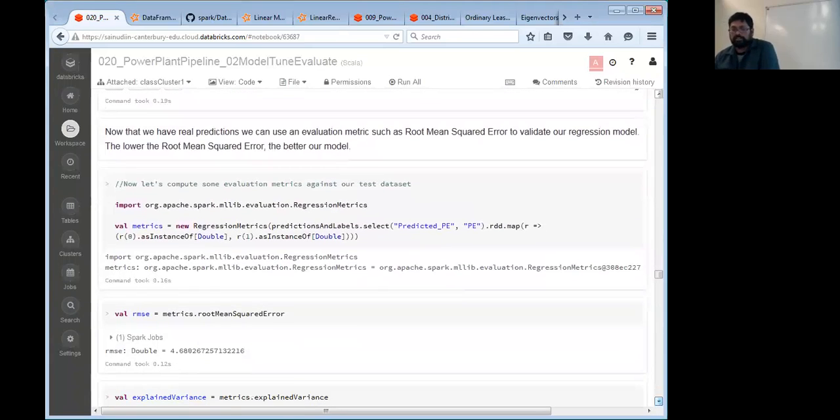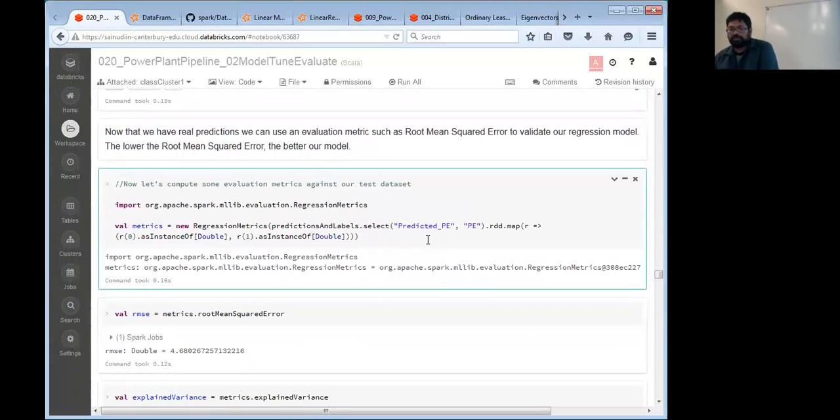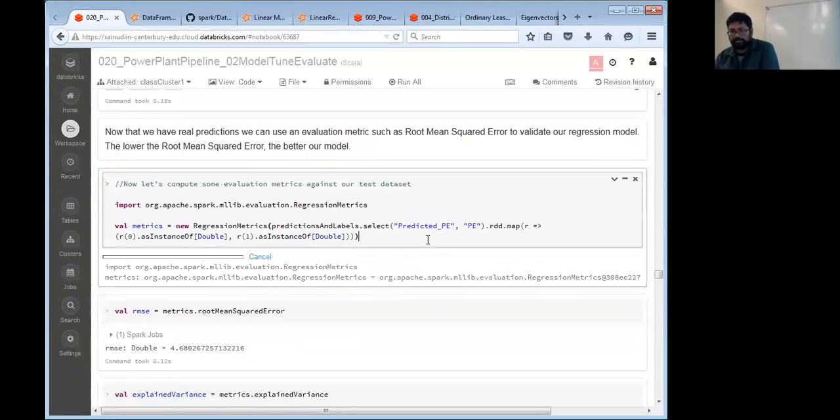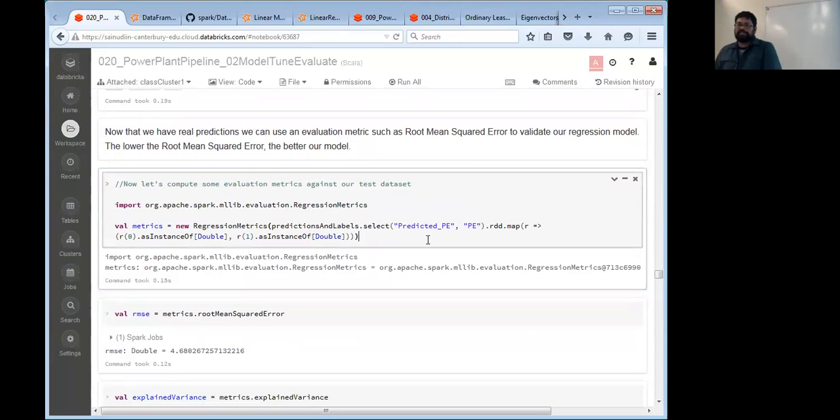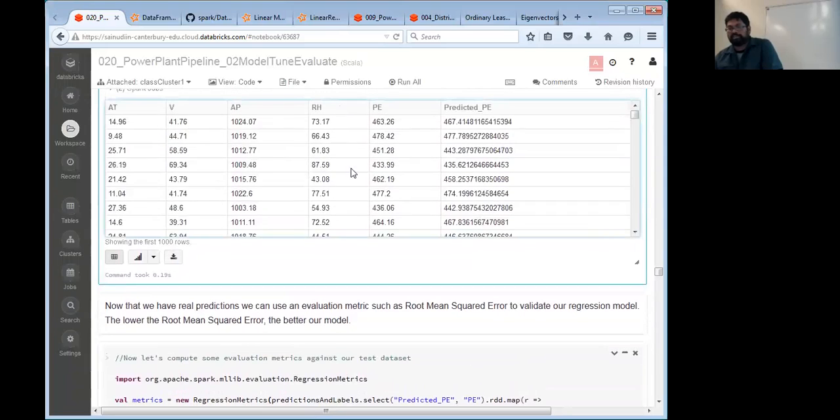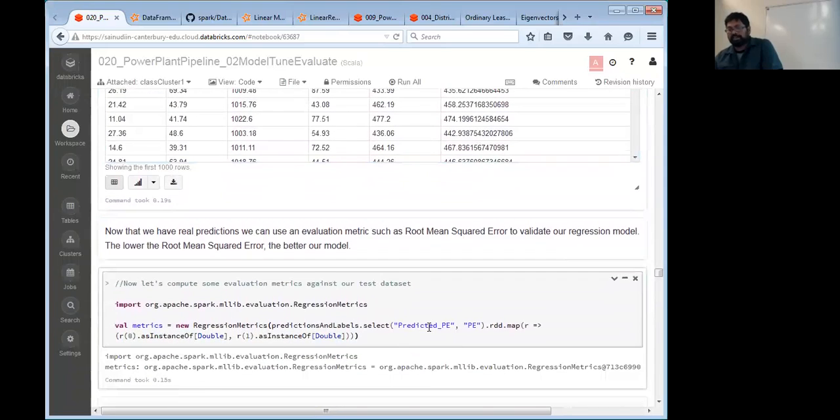So now let's try to use some metrics. We're going to compute some evaluation metrics against our test set. And for that, we load this evaluation regression metrics. And we're going to select from the predictions and labels data frame we just made here the predicted power output and the power output.